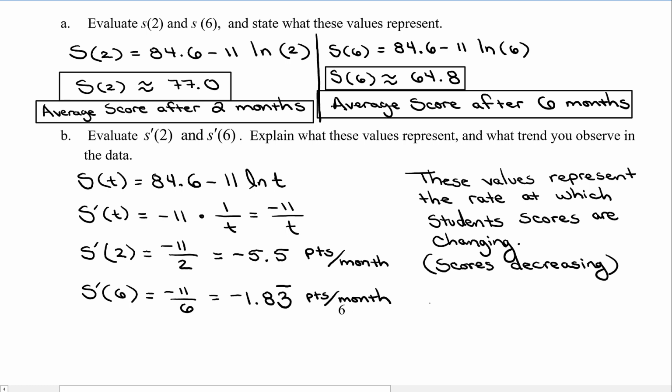So let's go ahead and box in our answers here. I'm going to box in the values we received here when we evaluated S prime of 2 and S prime of 6. And I'm also going to put a box around our explanation. And that's going to be our answer for this problem.